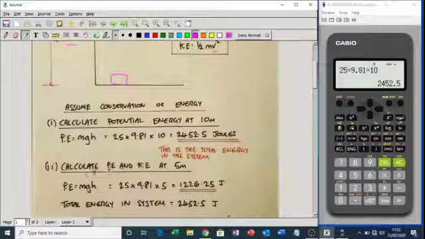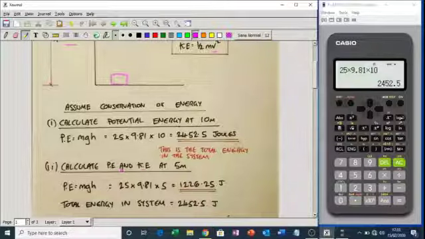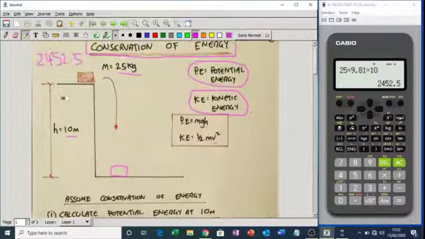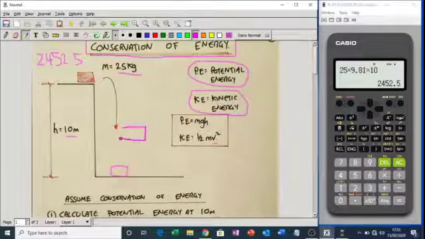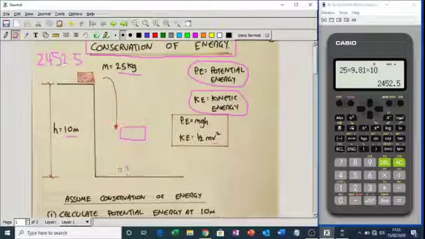Next one is calculate PE, potential energy, and KE, kinetic energy, at 5 meters. So now we're saying, what is the PE and KE of that object halfway down?